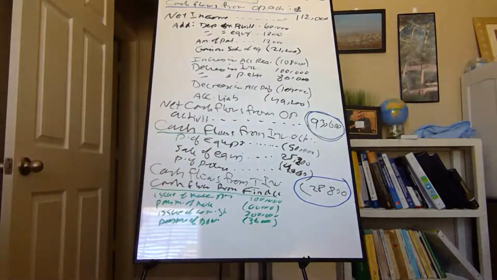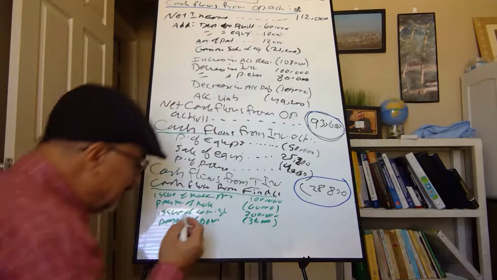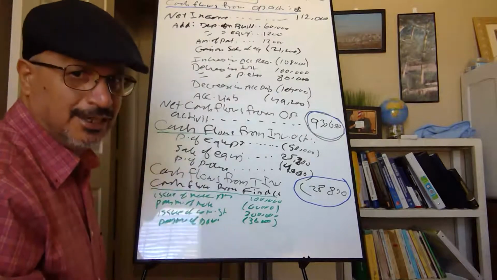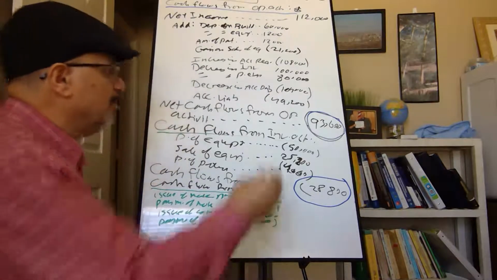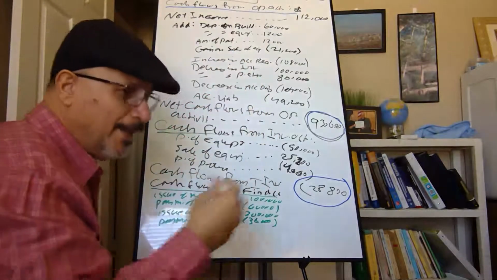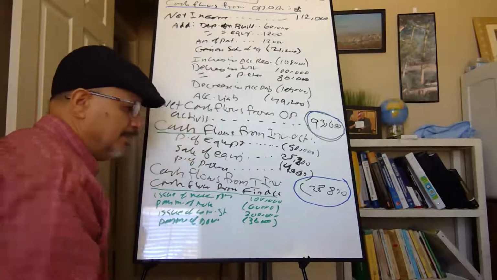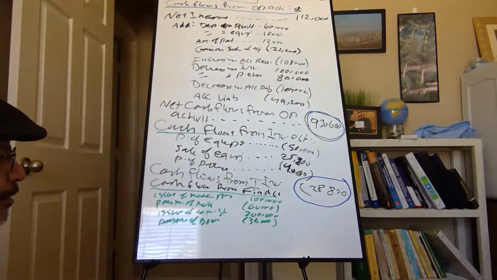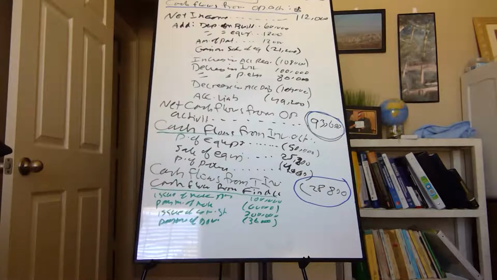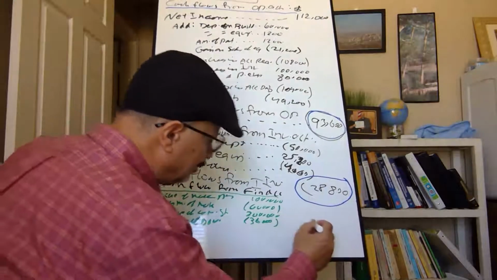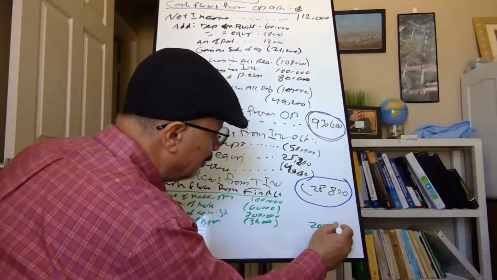Okay, now remember we said for the dividends, guys, if we are receiving the dividends, that goes on the operating section. If we're paying it, that goes into the financing section. So in this case, 100,000 minus 60,000 plus 200,000 minus 36,000, that gives us a positive 204,000.